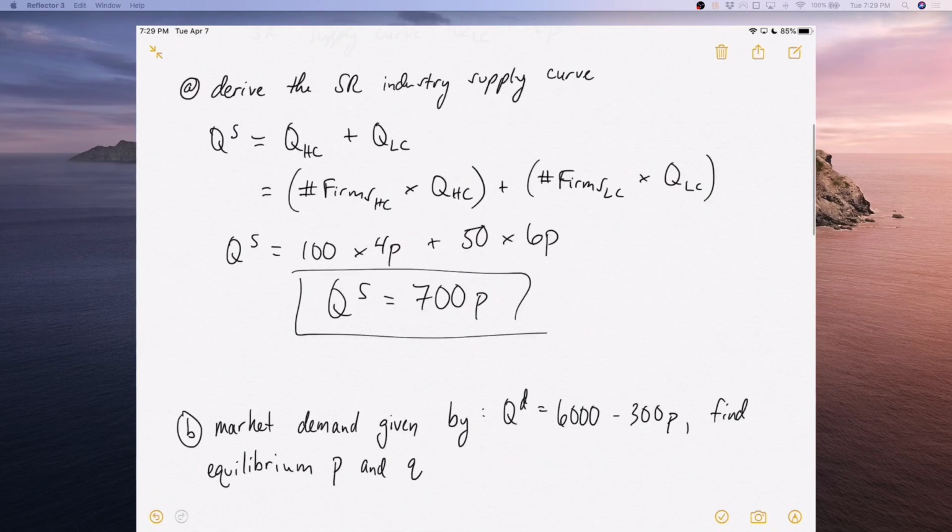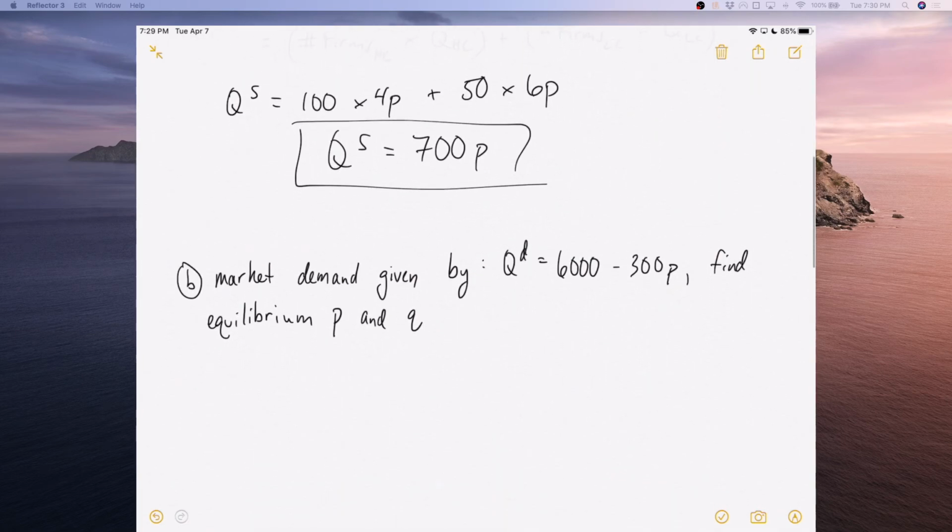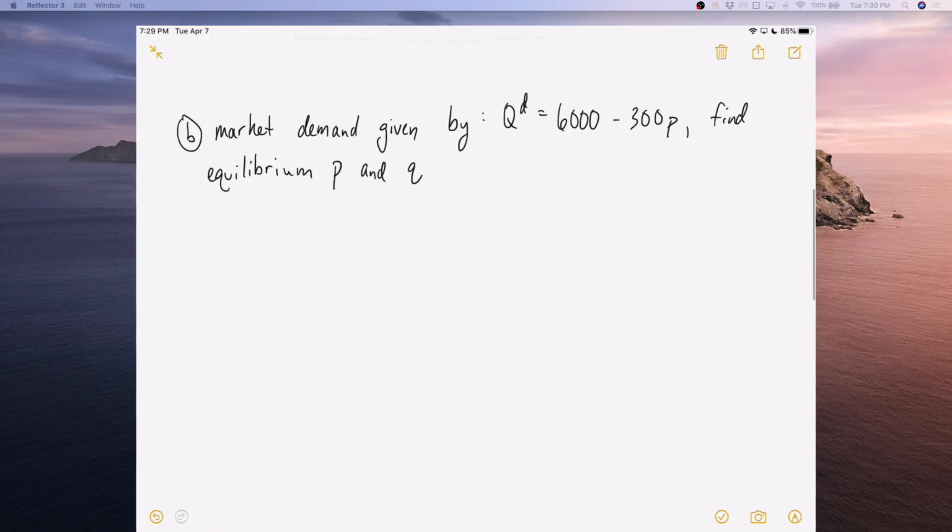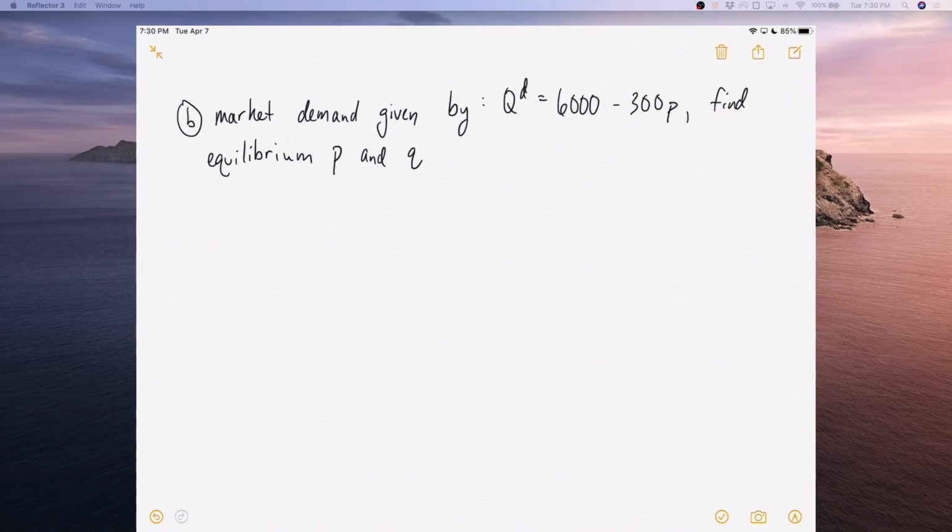The next part, part B, gives you market demand, which is QD equals 6,000 minus 300P. It's asking you to find the equilibrium P and Q. Whenever you think about the equilibrium price and quantity, just immediately think you're looking for where quantity supplied equals quantity demanded, right? We just found what quantity supplied was.